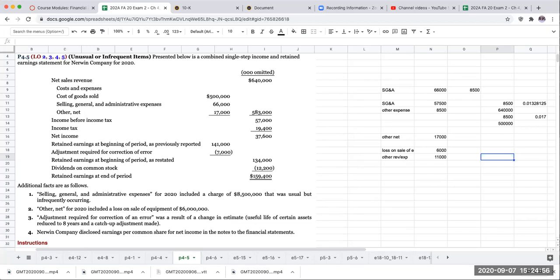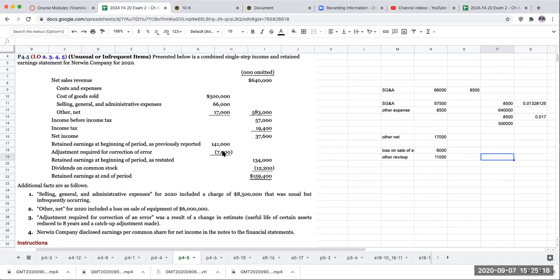It was a change in the useful life. So I would disagree with the way that this was being handled. You would never want to put this here, as an adjustment required for a correction of an error.